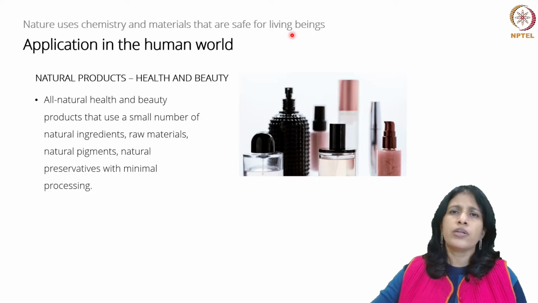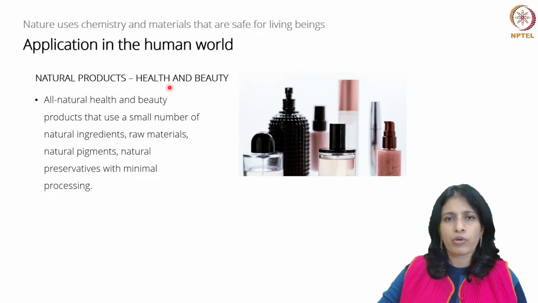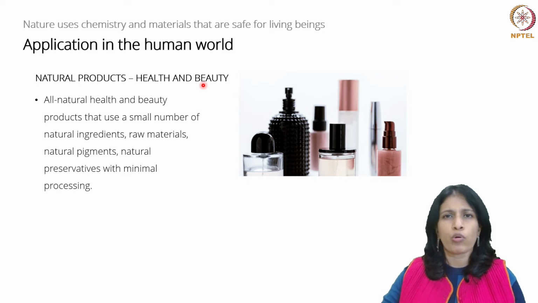An application in the human world of using safe chemistry would be natural products. Now, by natural products I mean products which are genuinely natural, because there are several products that have just a label which says they are natural, all natural, herbal, etc. We are not talking about those products.